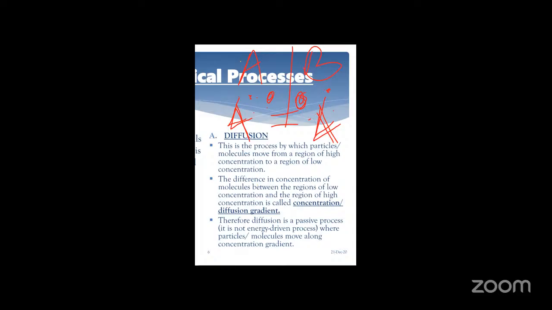But in a situation where, let's assume in region A, we have 15 molecules of the cologne. In region B, we have 5 molecules of the cologne. The difference in concentration between region A and region B is 10.